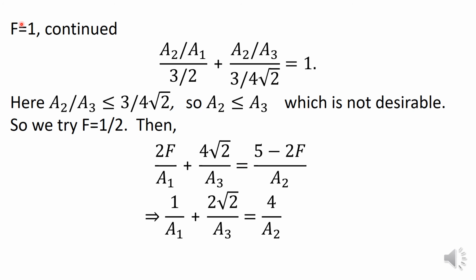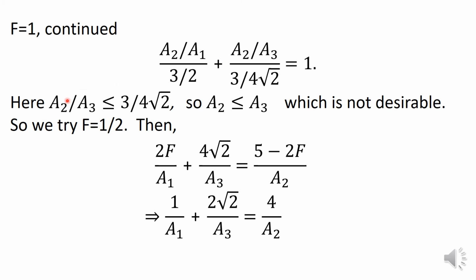Okay, so let's continue here. F equal to 1. This is the equation we obtained on the previous slide. Notice that the A's are all positive quantities and the denominators, of course, are positive quantities, and this is equal to 1. So here the A2 over A3 must be less than the denominator 3 over 4A2. Why is that?